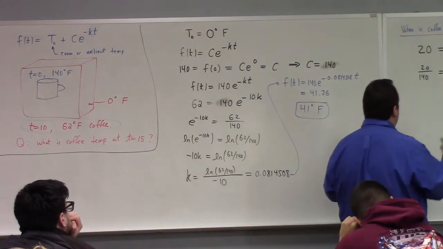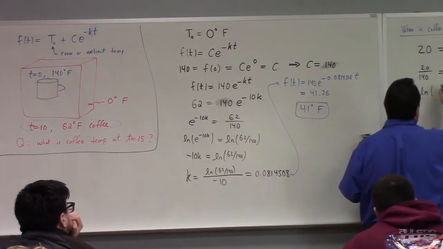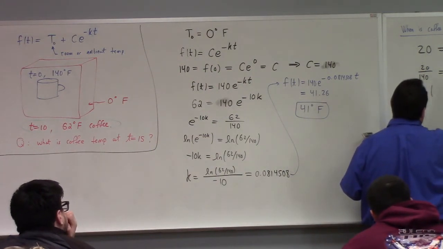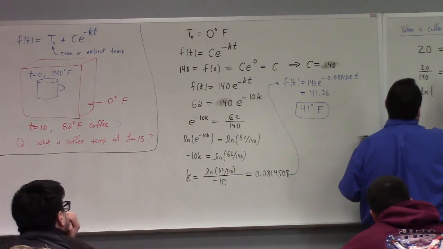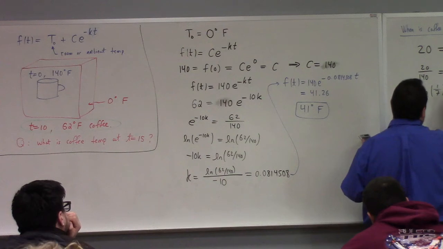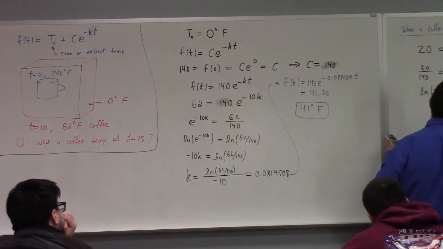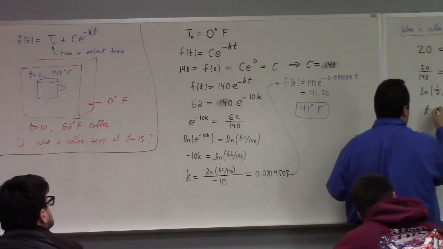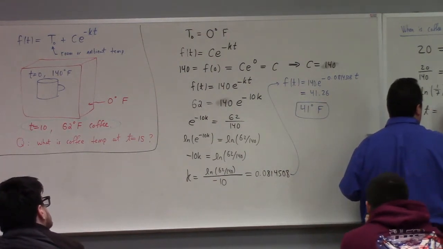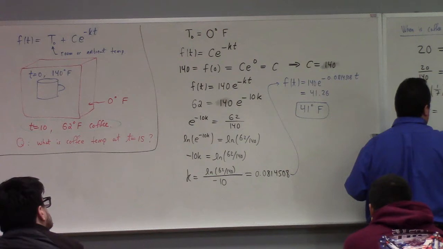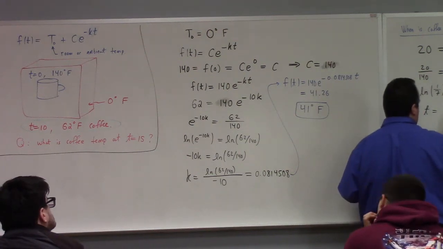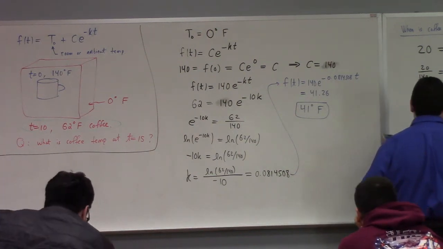And so we've got the natural log of 20 over 140. 20 over 140 is what? That's just 1/7. So the natural log of 1/7 is equal to minus 0.0815t, which gives me t is equal to the natural log of 1/7 divided by minus 0.0815.